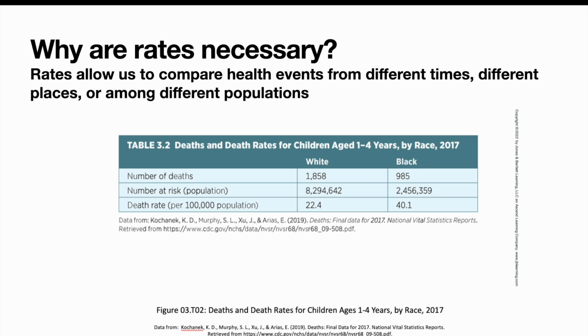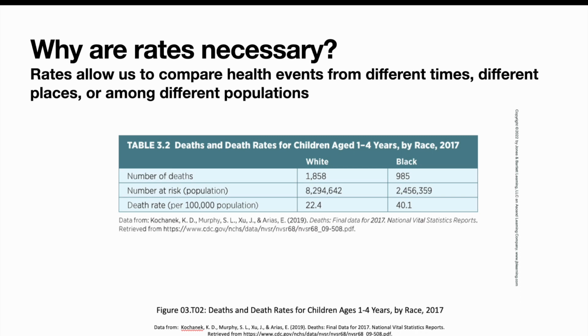For every 100,000 people, we see that 22.4 white children died. We see that for every 100,000 people, 40.1 Black children died.